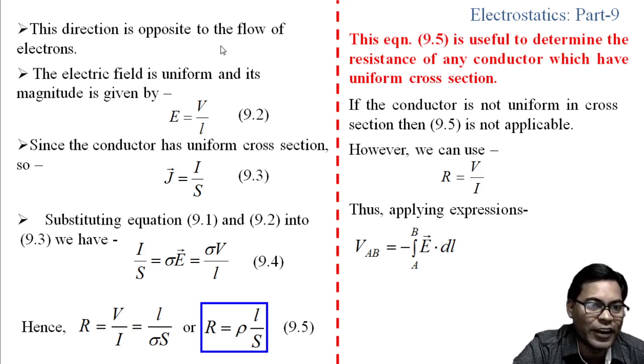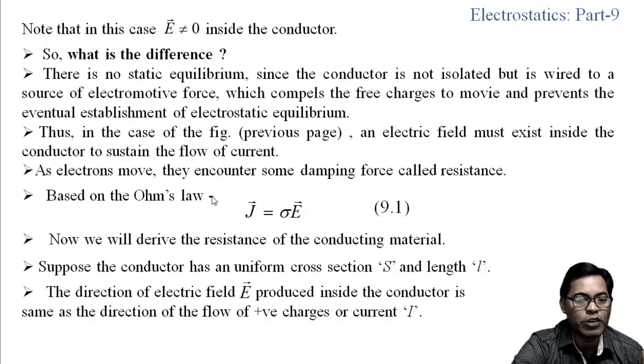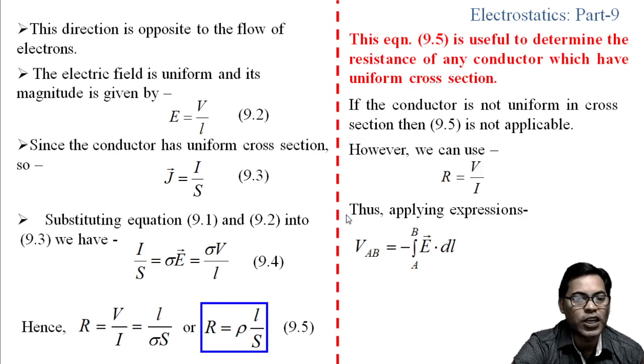Now the electric field is uniform and its magnitude is given by E equals V by L. So the magnitude of the electric field can be calculated using the potential difference V by the length L. Again, we know for a conductor of uniform cross section, the current density J equals I by S. Now we are going to substitute equation 9.1 and equation 9.2 into expression 9.3.